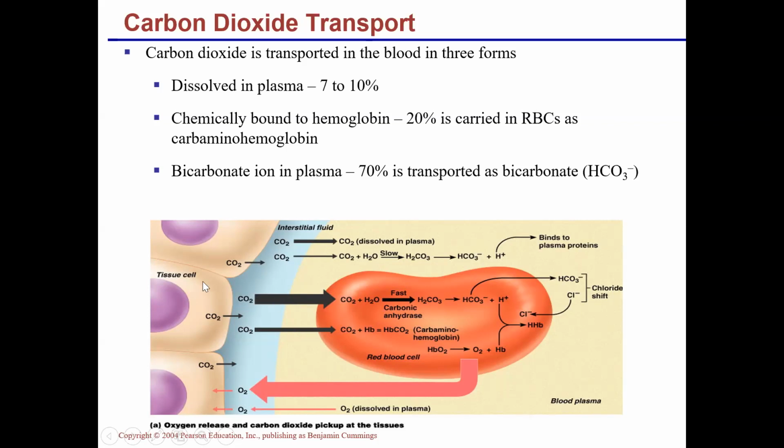CO2 generated by tissue cells diffuses into blood and then directly into the RBC. In the RBC, CO2 and water combine to make this acid, carbonic acid, and then this carbonic acid will dissociate partially into bicarbonate ion and hydrogen ions.